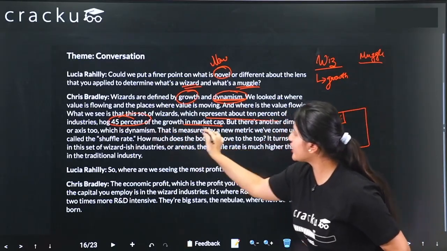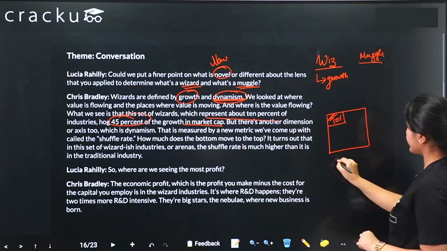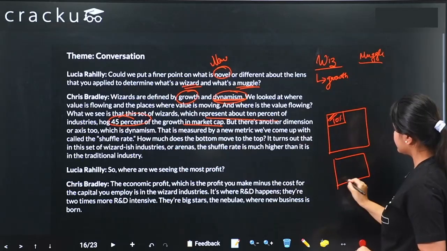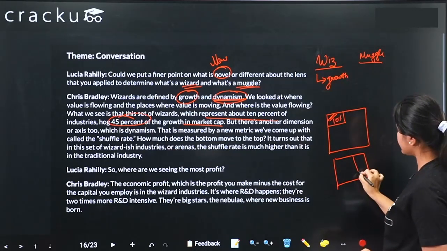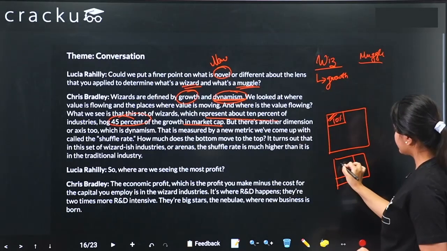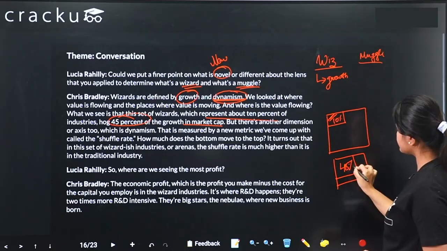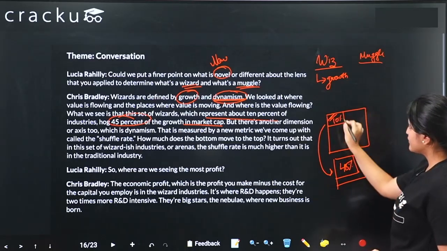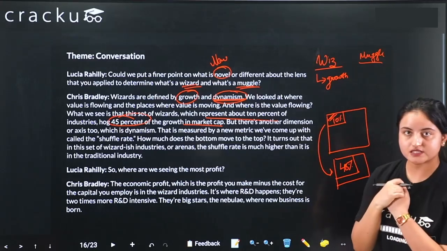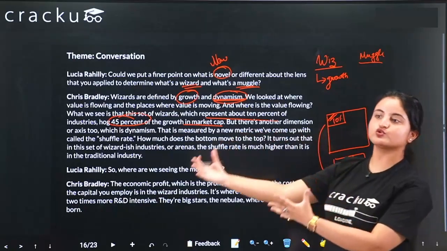But when we talk about the growth, this 10% is hogging like 45% of growth. So little space it is taking and so much growth it is showing.